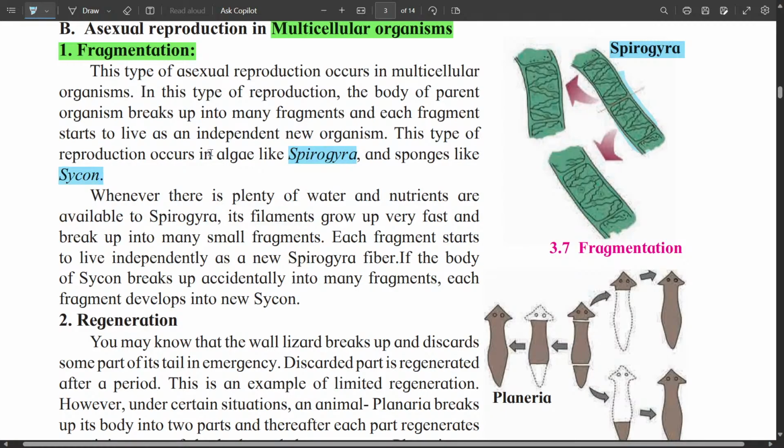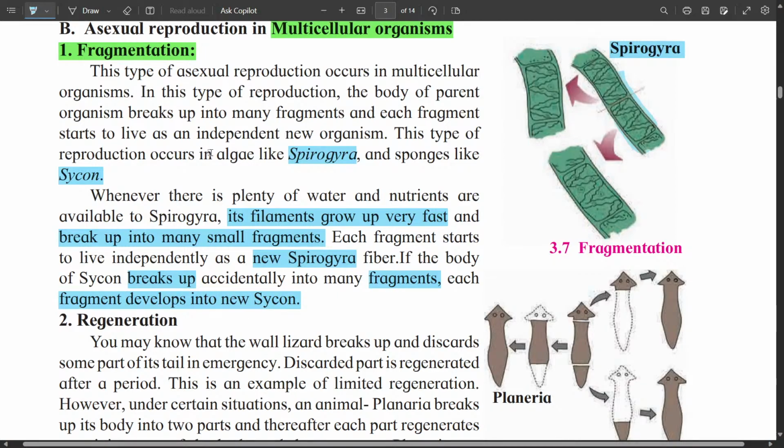So what happens in case of Spirogyra or sponges like Sycon? Whenever there is plenty of water and nutrients available, Spirogyra filaments grow very fast. I mean their length increases, and then they break up into many small fragments. Each fragment starts to live independently as a new Spirogyra. Similarly, if the body of Sycon breaks up into many fragments, each fragment starts life as a new Sycon.